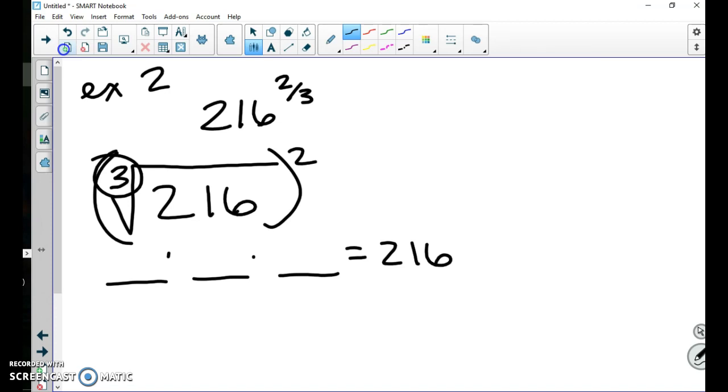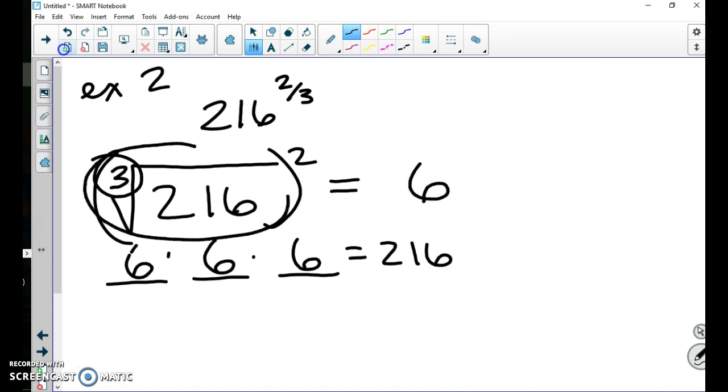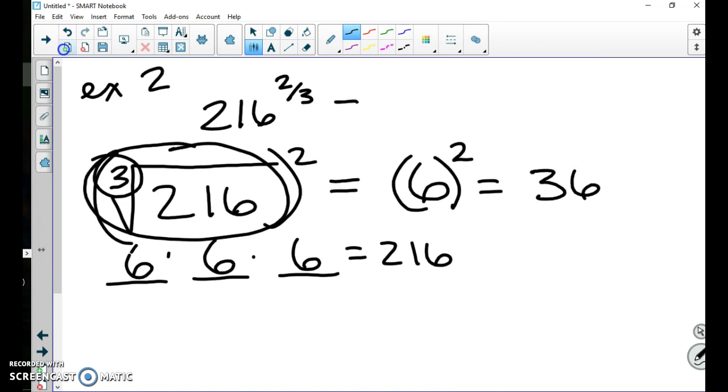Well, I'm going to go higher than 5 because 5 times 5 is 25 times 5 more is 125. I'm going to try 6. I put that in my calculator. Cubing 6 gives me 216. So the inside part, the cube root of 216, is now 6. We've worked the inside of the parentheses, and now I have the outside of the parentheses to deal with. And we get the answer, 6 squared, or 36. So 216 to the 2/3 power is 36.